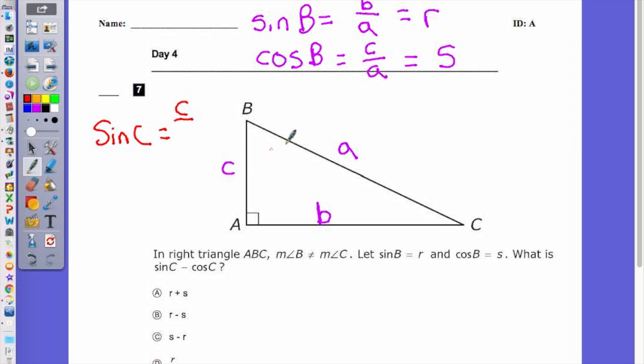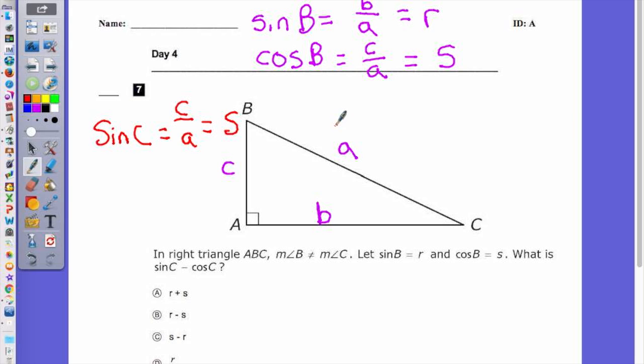Opposite over hypotenuse, so c over a. So sine of C is c over a, which could also be written as S, because c over a worked for cosine.